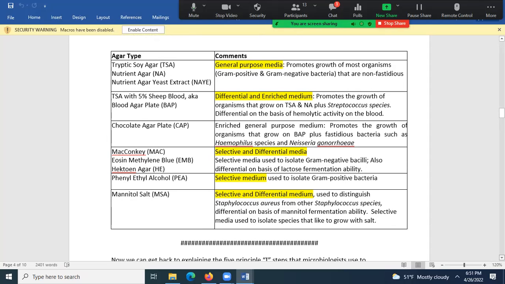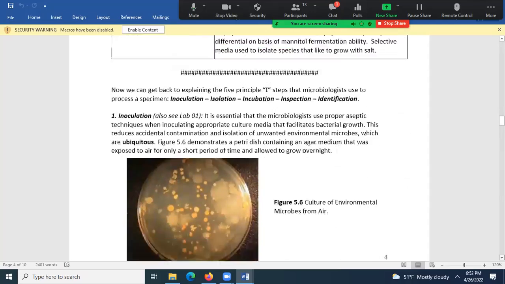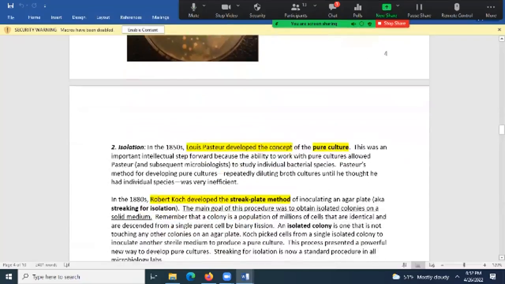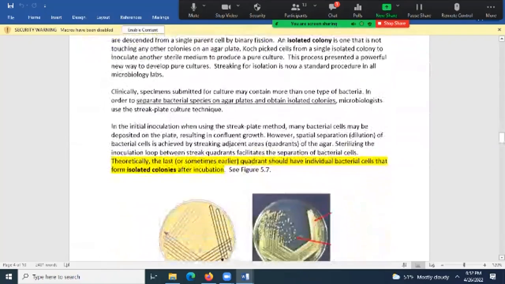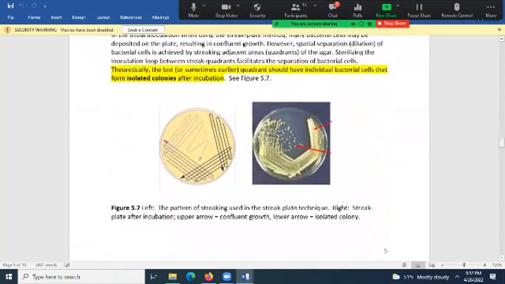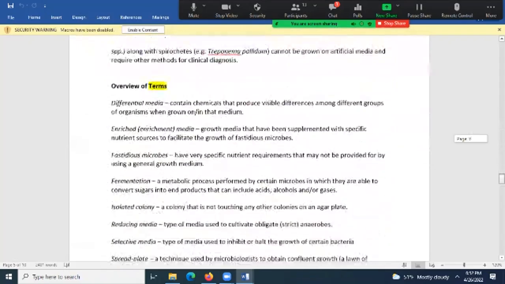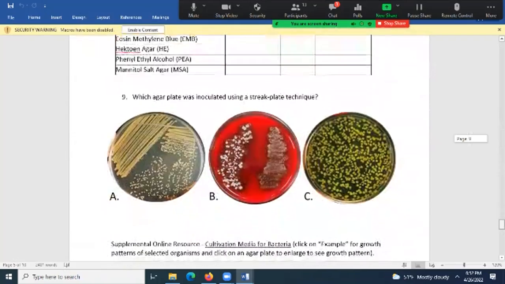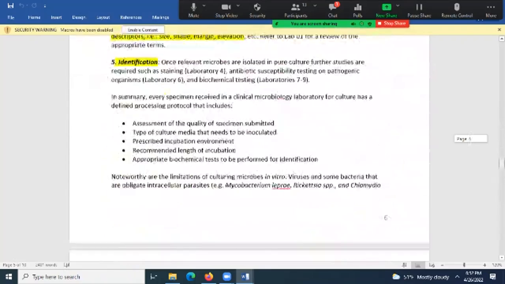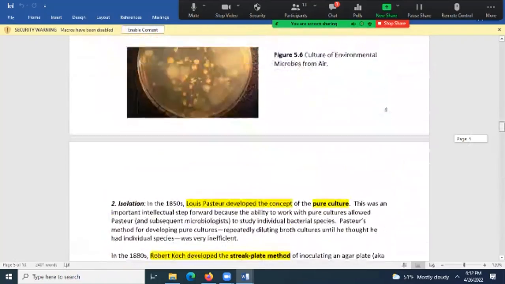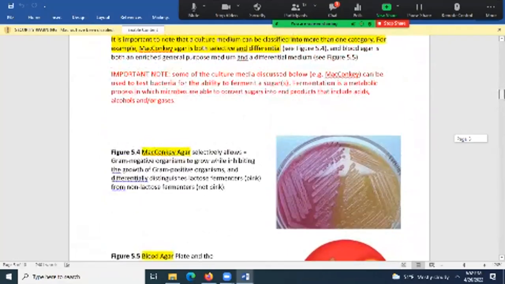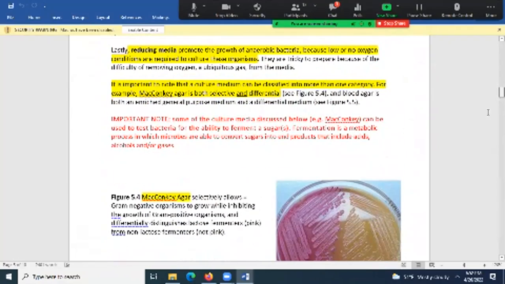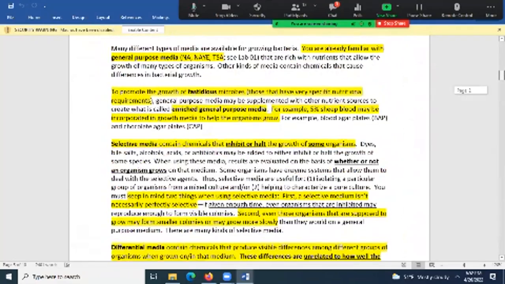Let me see if I got a picture of that. I do not. Yeah, that's McConkey's. I don't have a picture of mannitol salt agar.